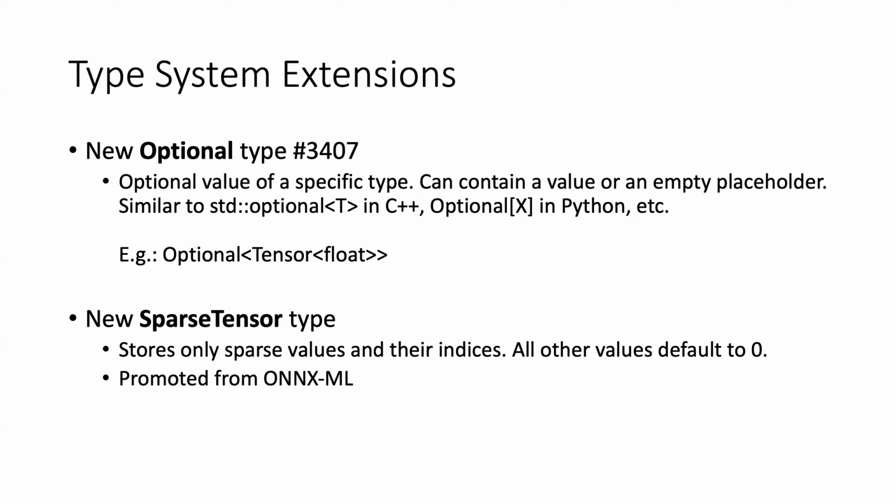So one is the optional type, which represents a value or a placeholder for that value, depending on the scenario. So you can have an optional type. And the other is the sparse tensor, which actually was already available in ONNX ML, but was now promoted to be part of the ONNX default type set. So those are the changes.